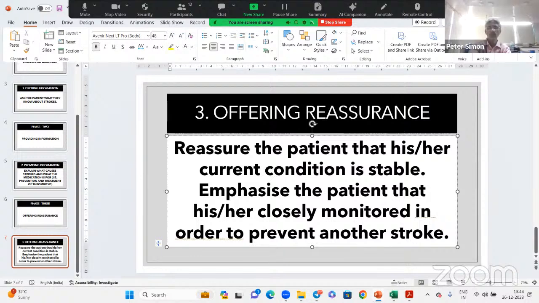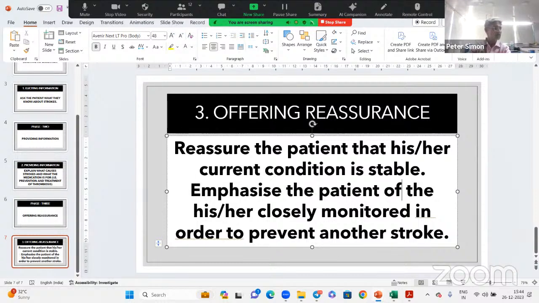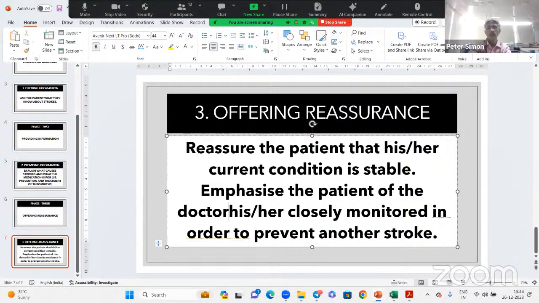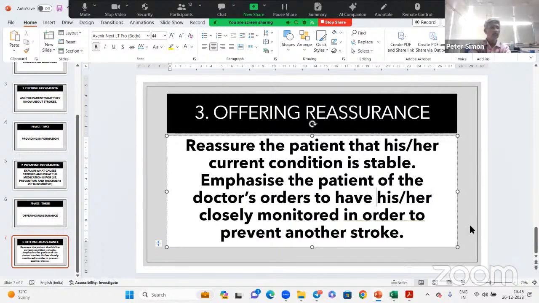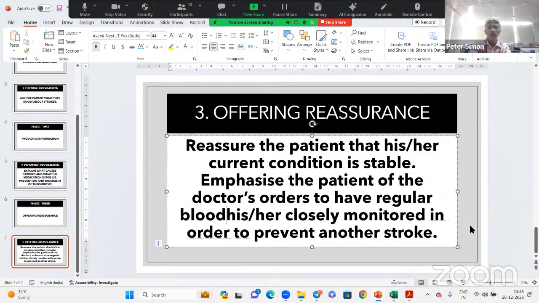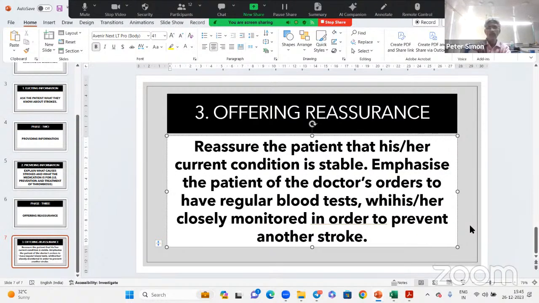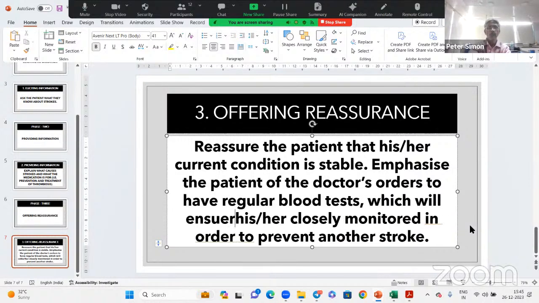Emphasize the patient of the doctor's orders to have regular blood tests, which will ensure she is closely monitored in order to prevent another stroke.